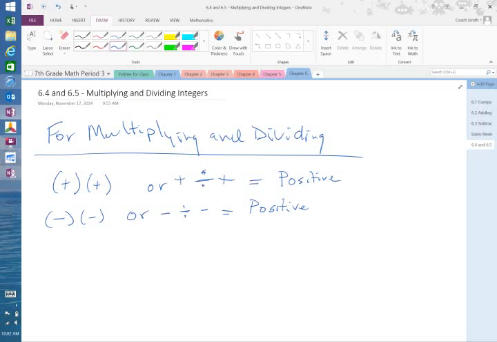The only time that you're going to get a negative answer when you're multiplying or dividing is when you have the third scenario: one negative sign. It does not matter which number's larger.